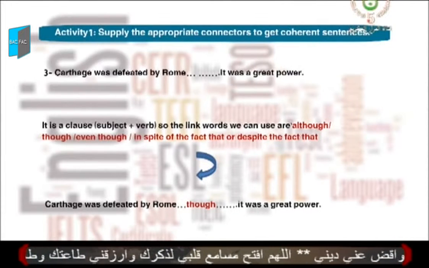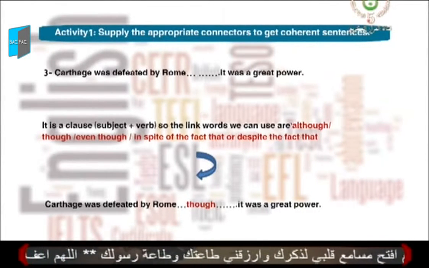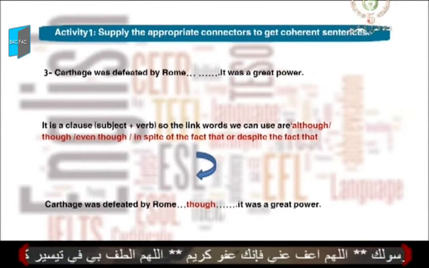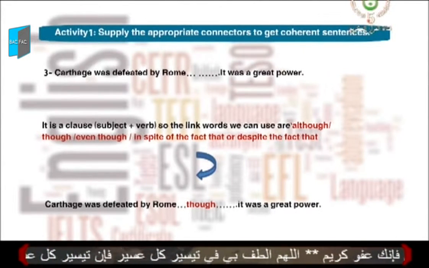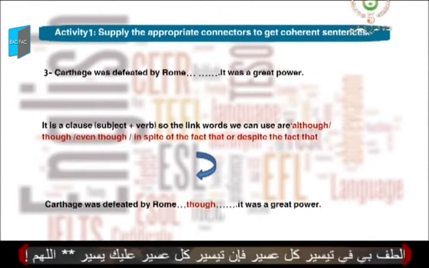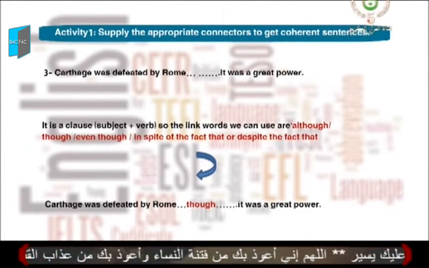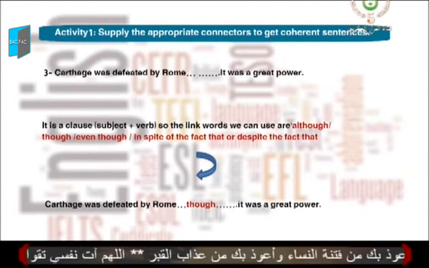So our sentence will be, Carthage was defeated by Rome, although, even though, in spite of the fact that, despite the fact that, it was a great power.